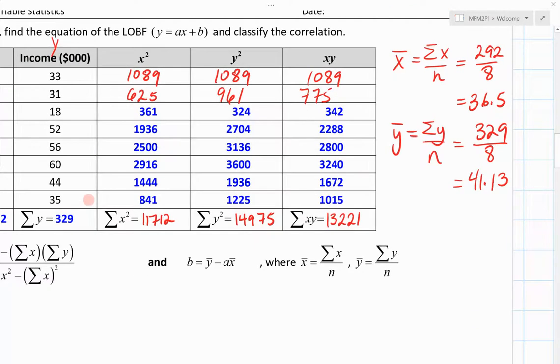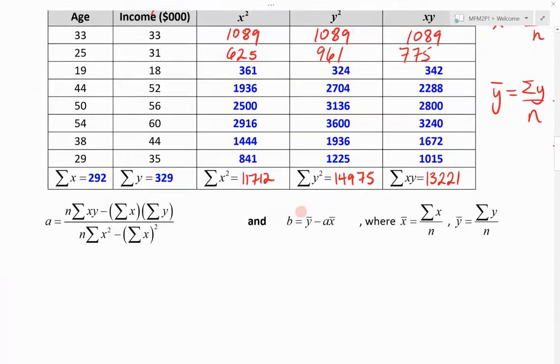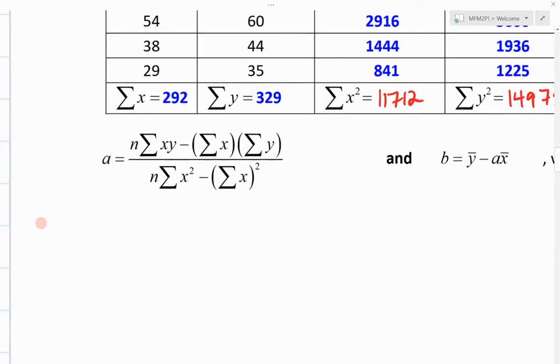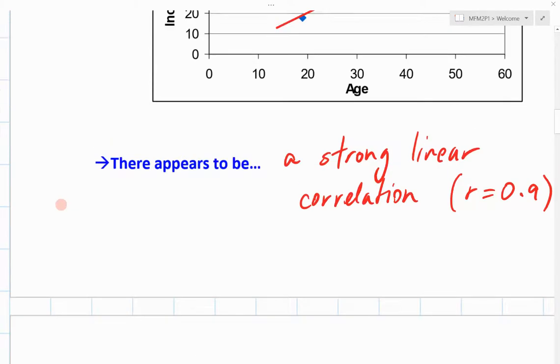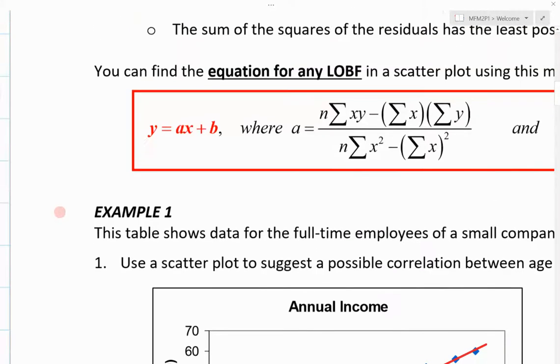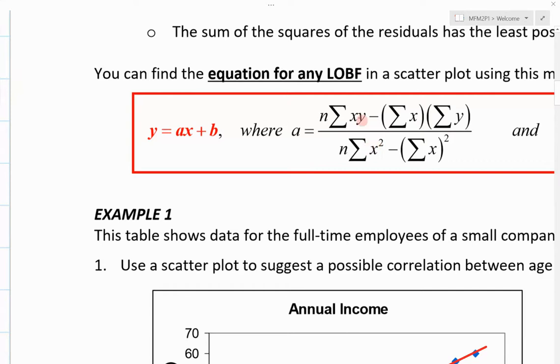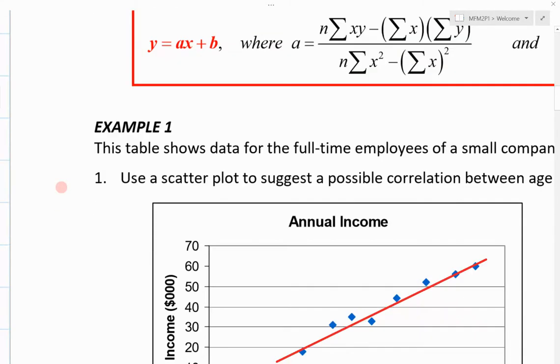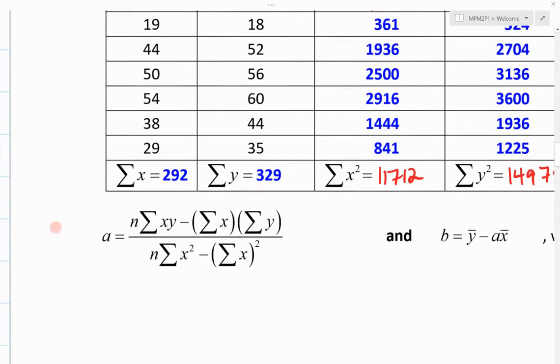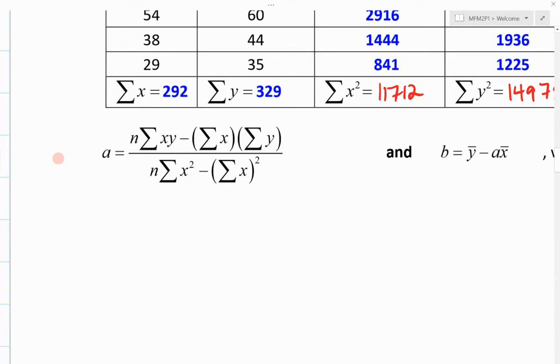Okay. Now let's do some more math. Down here, a value. This is going to help you find the slope of this line of best fit. So let's plug in what we know. Remember, this is the formula that I showed you up here. We need these x squareds and xy, sum of the x, sum of the y. This is why we did all that stuff in the table. So a is equal to n, and n is 8. There are 8 values in my table.